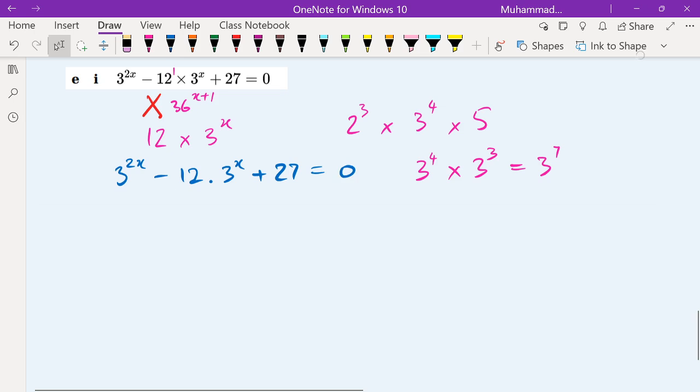Even if you take something common out of the two terms, I'm not sure what your thinking is. Is it a single power x or a double power x? Single power x. Okay, if I took that common, what will be left here then?